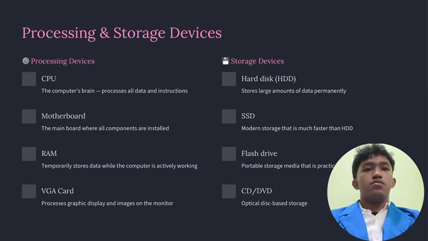VGA card, processing and displaying images on the monitor. Hard disk, stores large amounts of data permanently. SSD, modern storage that is much faster than an HDD. Flash drive, portable storage media that's convenient to carry around. CD or DVD, optical disc-based storage.